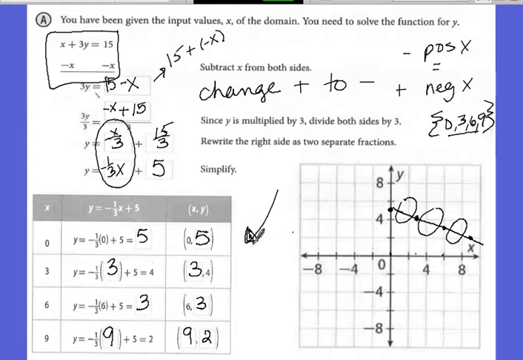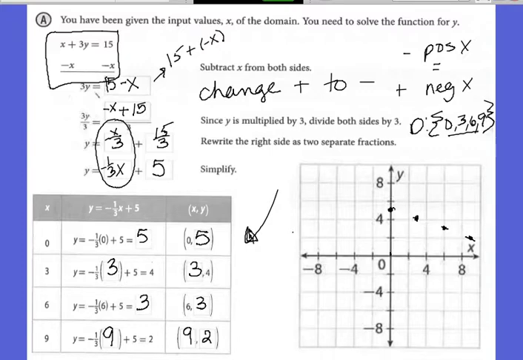Well, in this case, it's not, because our domain was only these numbers. So here, it includes 2, and you notice 2 is not part of our domain. So you cannot just draw a line. The only time you can draw a line is when you're given a different type of domain that we will talk about later on. But remember, if you're only given specific numbers to use, then you can only use those numbers and you can only plot those numbers.